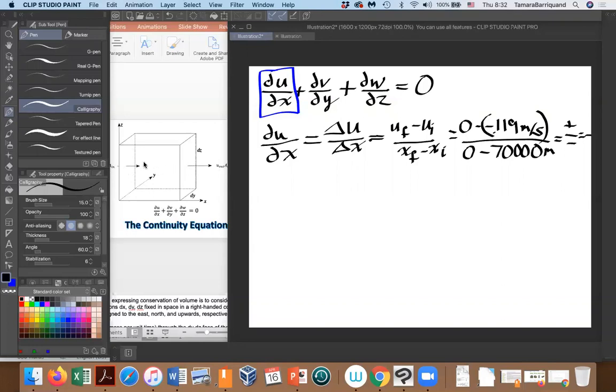Because it's bigger and then it's slowing down. So that means that there is more coming into the box than leaving the box. So the only way to maintain the volume in this box is if in one of the other directions, in the Y or the Z direction, there is more going out of the box than is coming into the box.